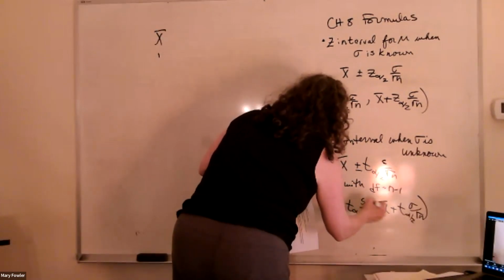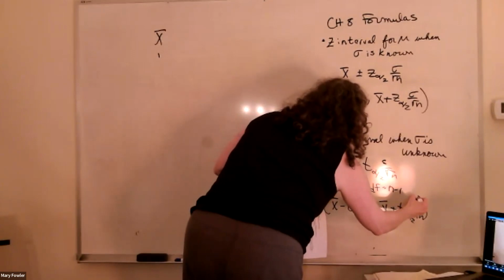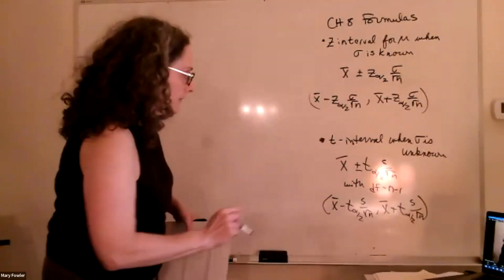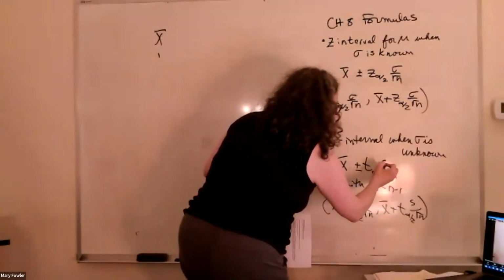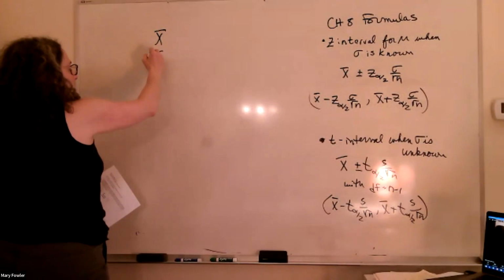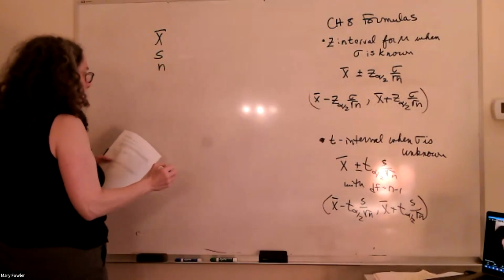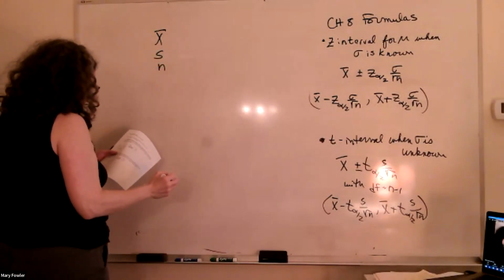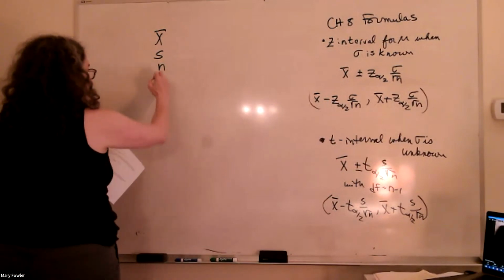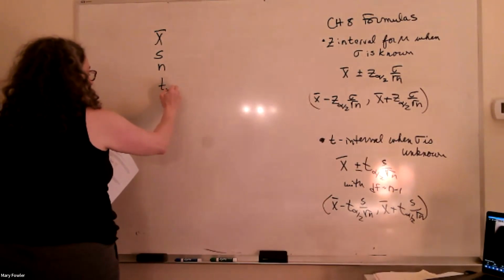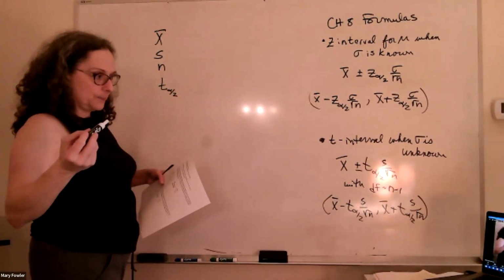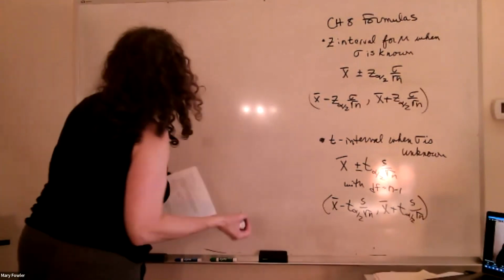We're using the t-interval procedure because we don't know sigma, so we have to indicate that in the formula appropriately. Okay, so x bar, S, n, and then we're looking for t sub alpha over 2, which has degrees of freedom equal to n-1.